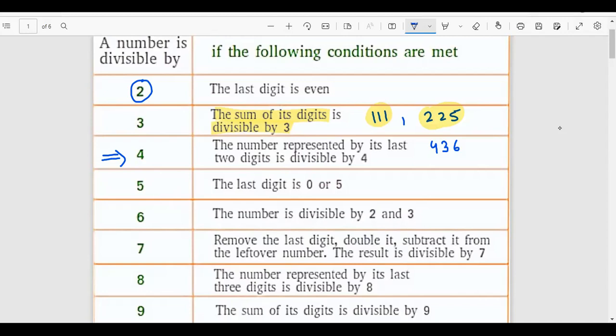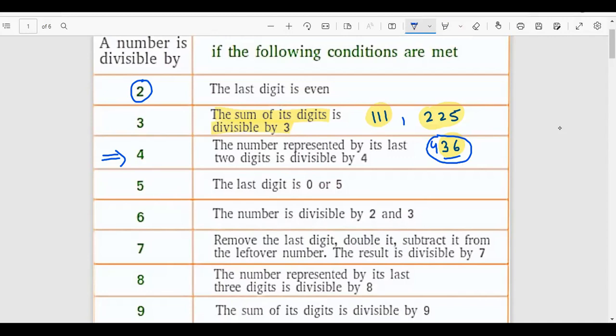So for this, I will be focusing on the last 2 digits, and if this number is divisible by 4, then this entire number would also be divisible by 4. Now I know 36 is certainly divisible by 4. 4 into 9 is 36. So I know 436 would also be divisible by 4, right?